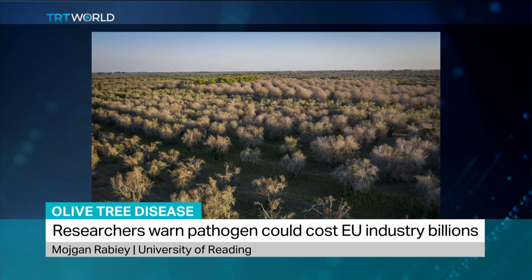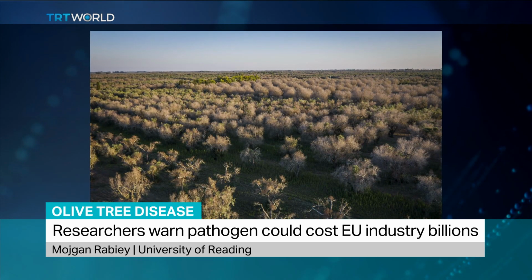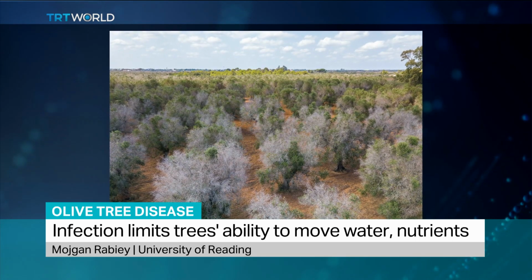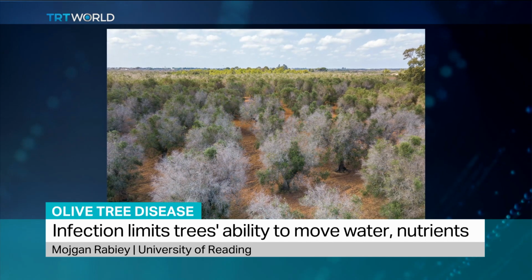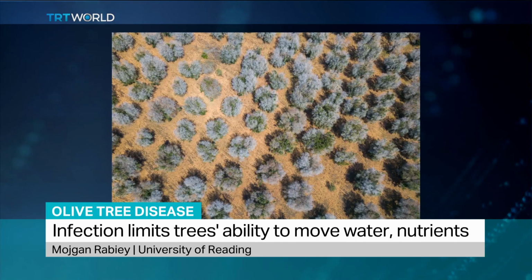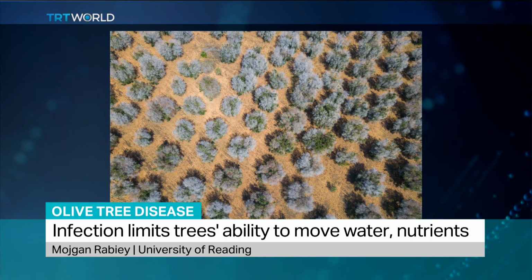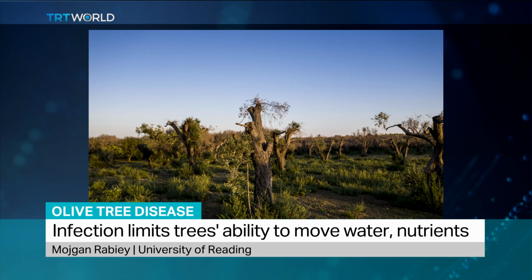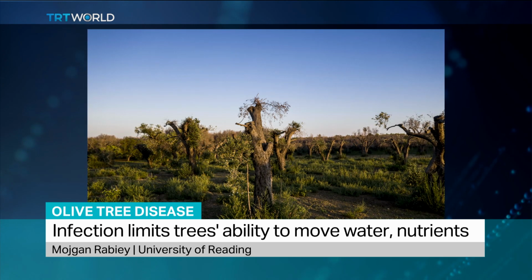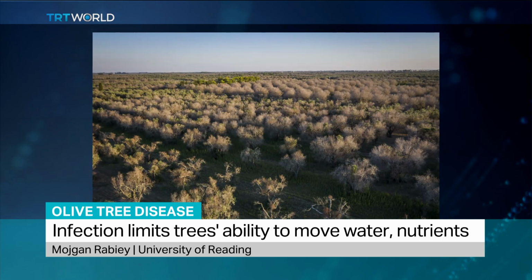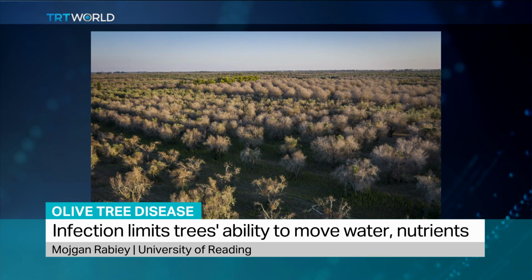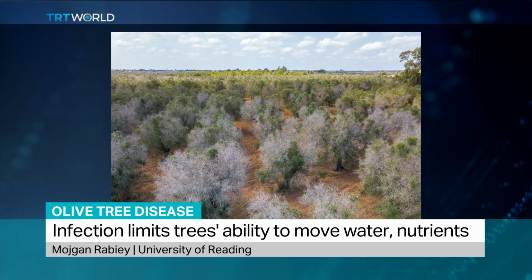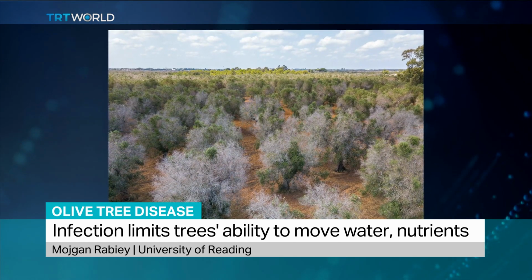However, in Europe, it was detected in 2013 when it affected millions of trees in South Italy, and soon it spread to Spain, France, Portugal, Greece, and we know that these countries account for 95% of olive production worldwide. So this bacterium can have such a huge impact on the economy of olive production, not only in Europe, but worldwide.